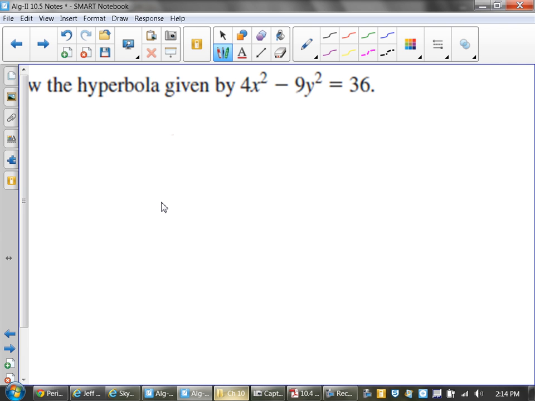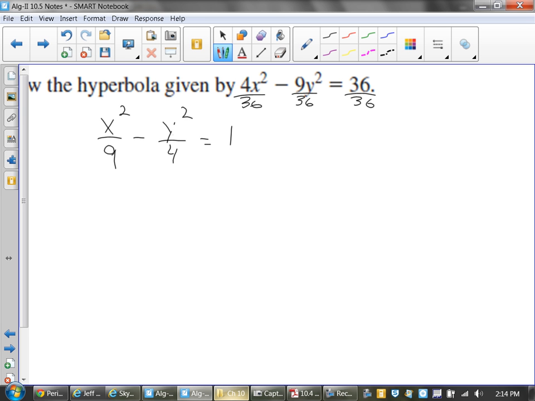Remember, the generic form of the hyperbola always equals 1. So how do I turn a 36 into a 1? Divide everything by 36. So you get x squared over 9 minus y squared over 4 is 1.